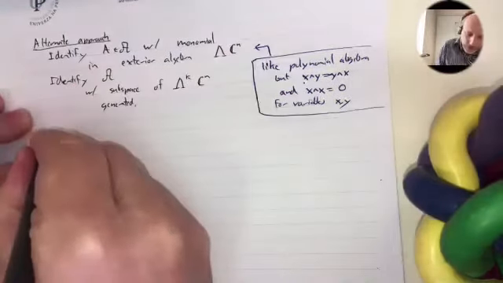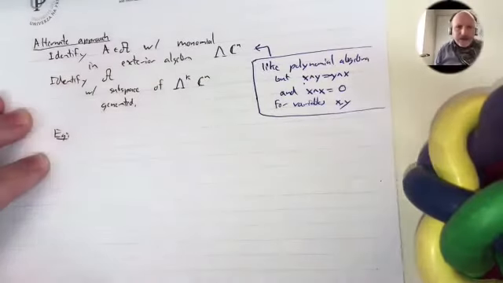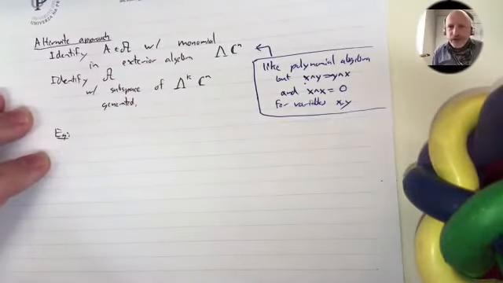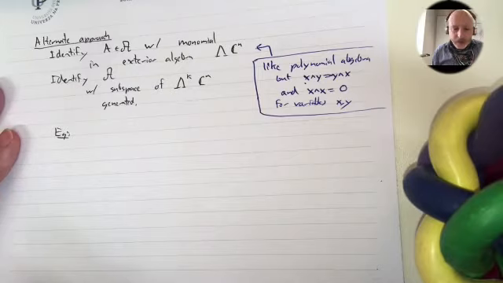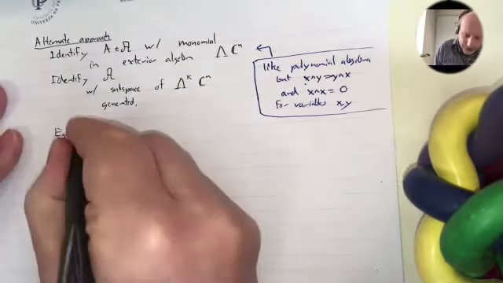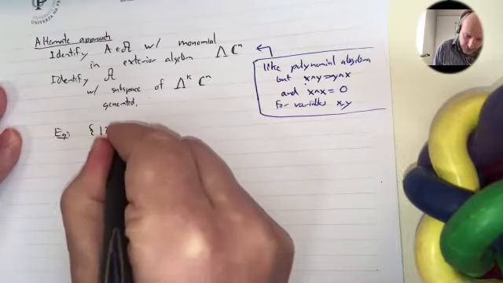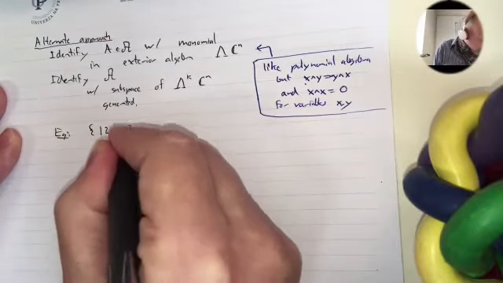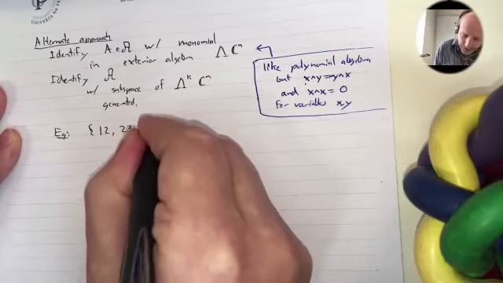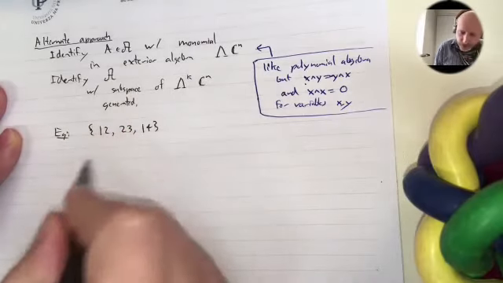I'm going to try to do a lot of examples and not talk about too much theory. So what did I look at before? I don't remember what I had, but let's do 1, 2, 2, 3, 1, 4.